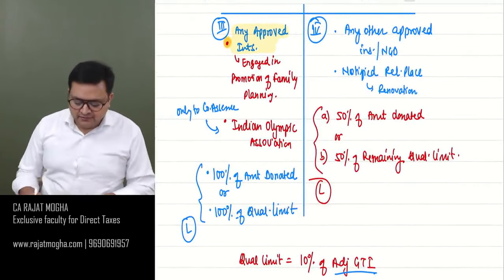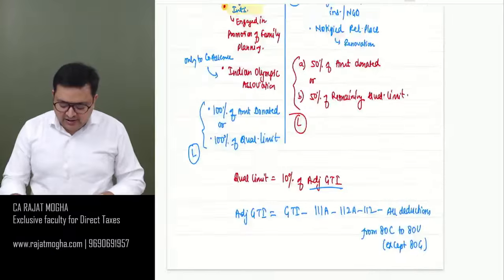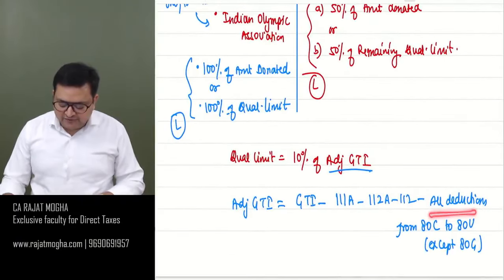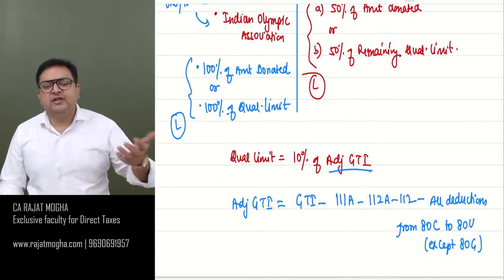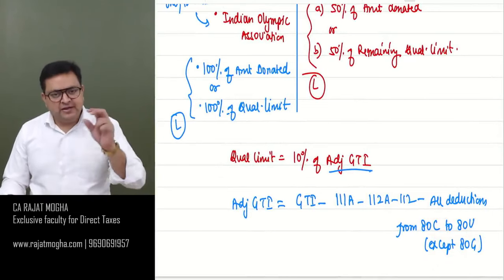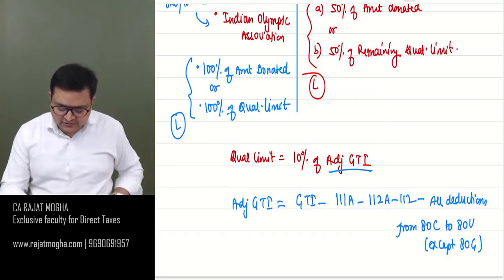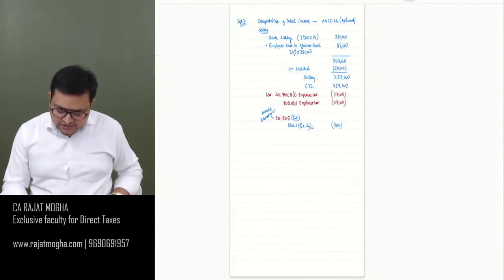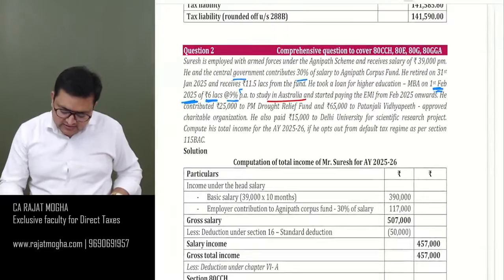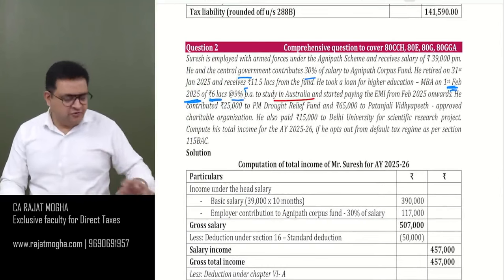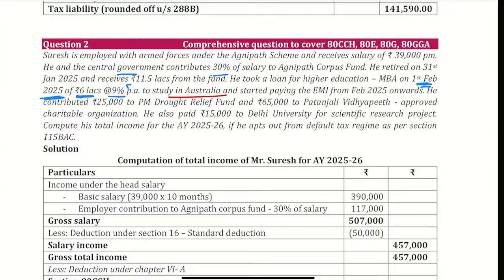Since the qualifying limit is calculated after all deductions from 80C to 80U except 80G, we have to give the other deductions first. So I will keep 80G for last in this question, and then I'll read if there is any other deduction or not. First I should do that.